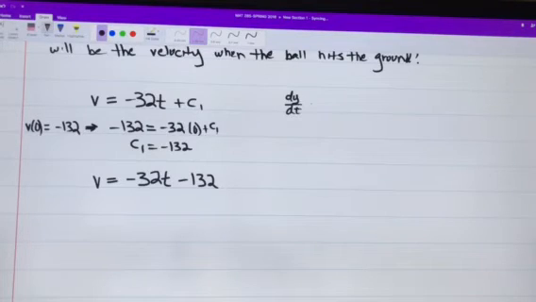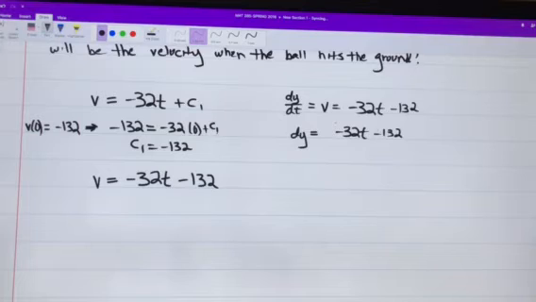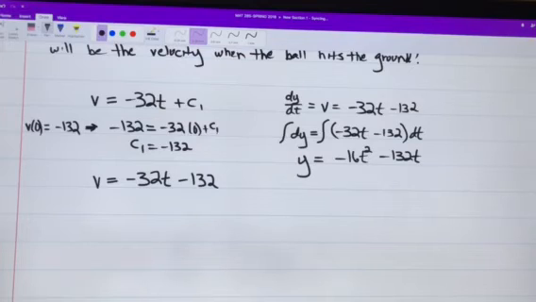And in the case of distance, separating the differentials regarding distance and time, upon integrating we have y is equal to negative 16t squared minus 132t plus the second constant.